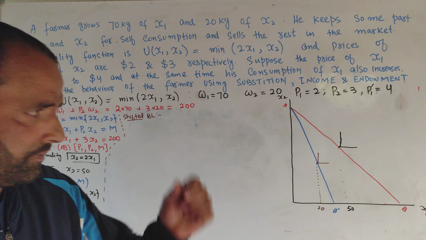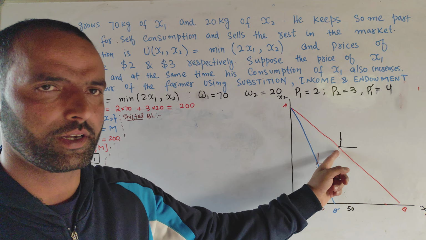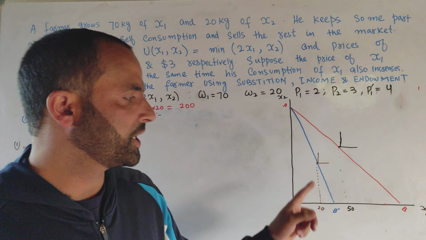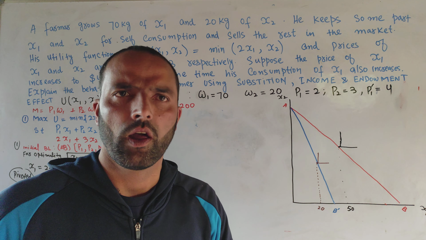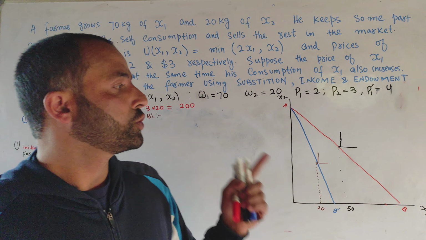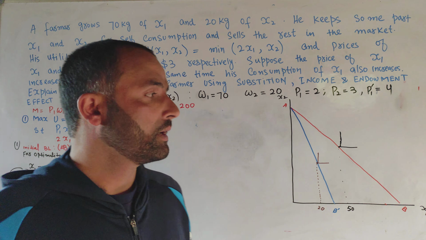Now what happens here? Initially he was consuming at this point. Since the price of x1 has increased, he is consuming less of good x1. Now we need to find out how much extra income we need to give to the consumer so that the initial bundle is affordable. Why do we need to find out how much extra income to give to the farmer?